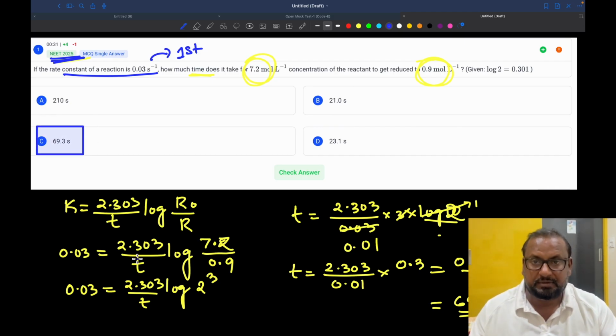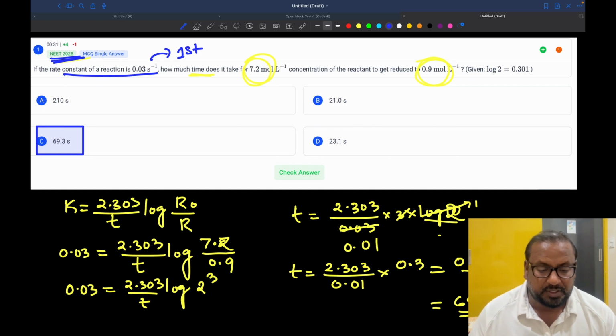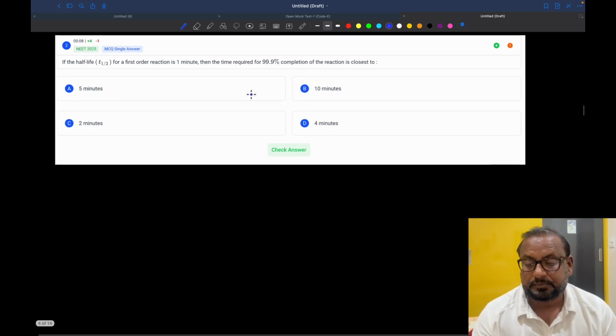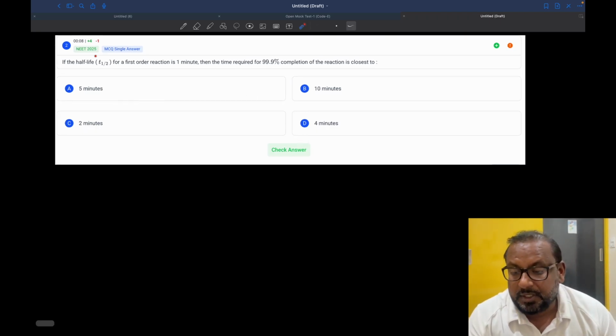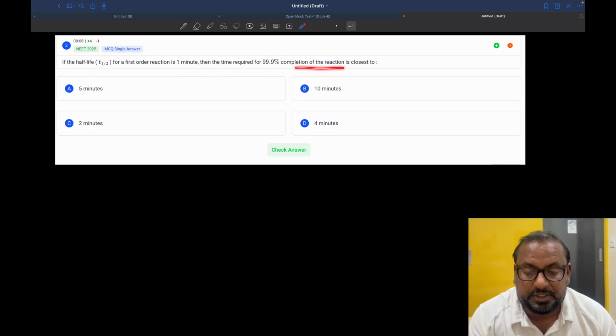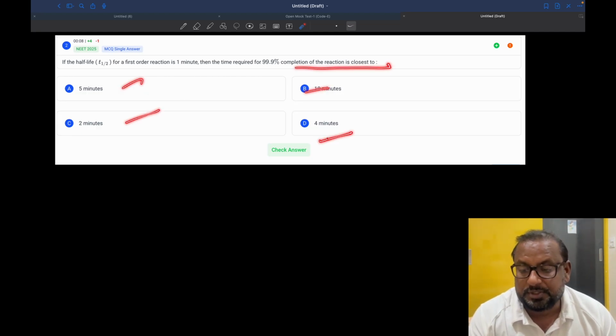Just plug in the values and solve, and immediately we'll get this answer. We'll take up one more question here. This is another question: t half for a first order reaction is 1 minute. Then the time required for 99.9% completion is closest to which option?